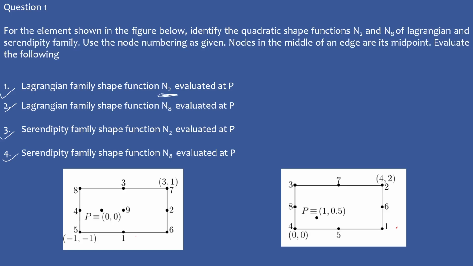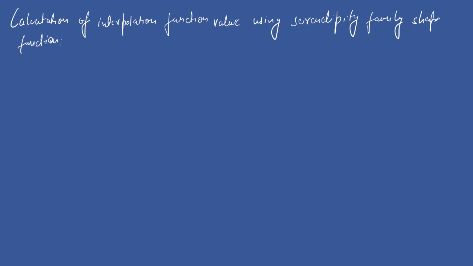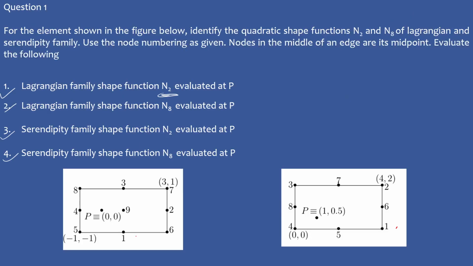So accordingly, the higher polynomial terms which are corresponding to that intermediate node is also getting reduced. Hence, the figure which has been given to you is like this.